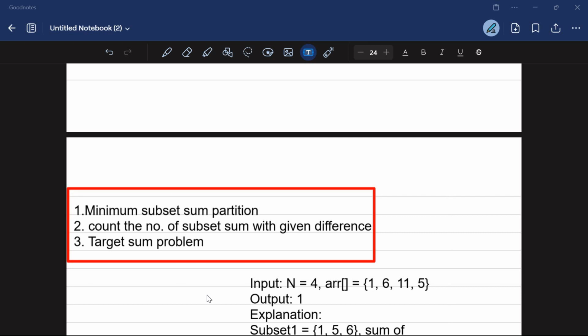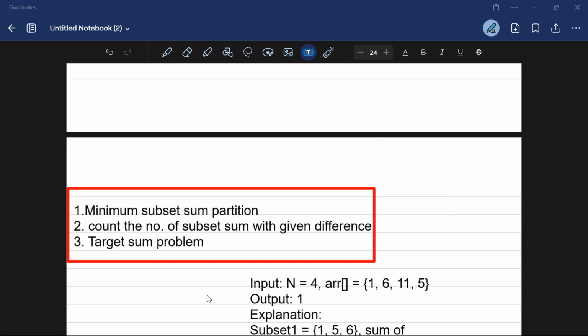Before going to this lecture, I suggest that if you don't know the knapsack problem and related problems, that is the subset sum problem and the count of subsets problem, and the third one I can't remember, but you can check my last video. I taught these three problems before, and I also taught the knapsack problem.